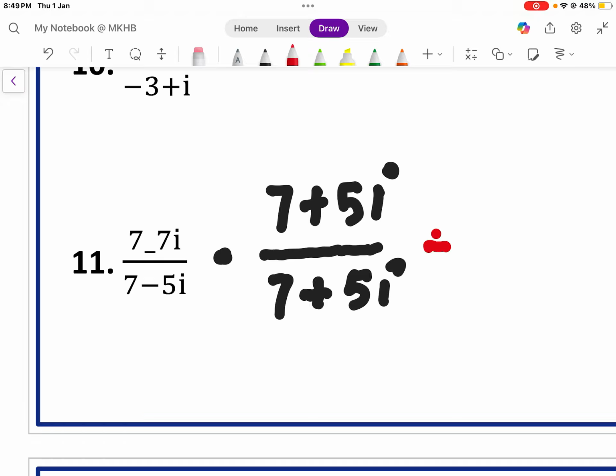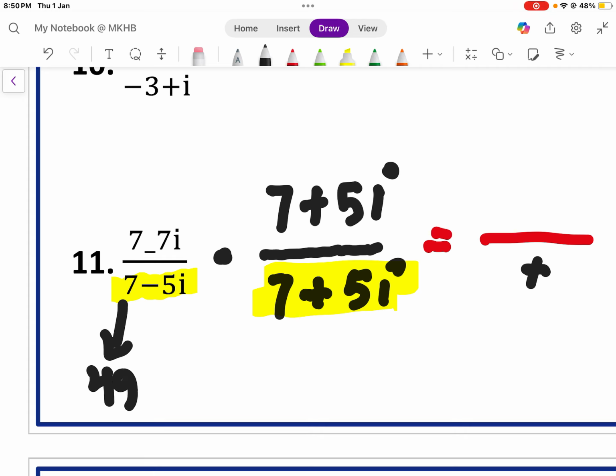Down, your life is very easy. Why? Because we have rules, a special case. See, 7 minus 5i multiplied by 7 plus 5i is a special case. What you have to do here is just put a plus in the middle, and multiply 7 by 7, and multiply 5 by 5.